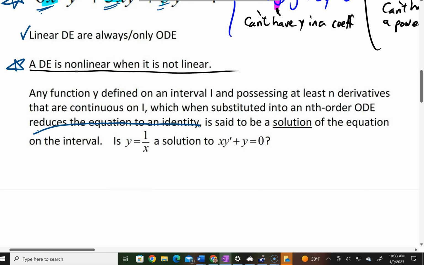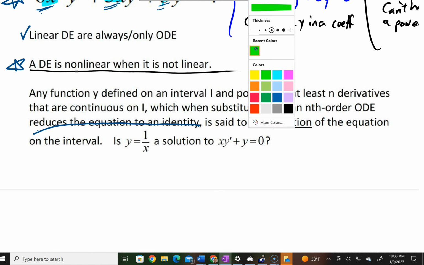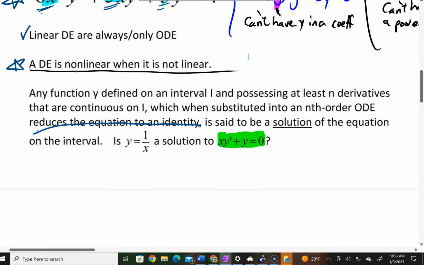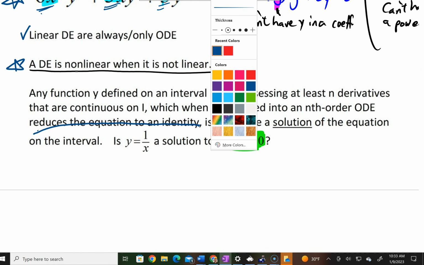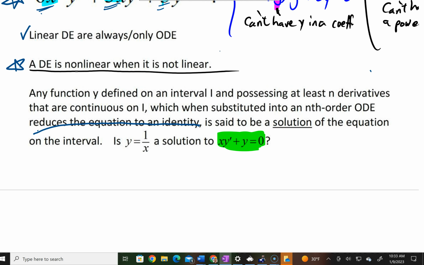So, here is the big question, a wonderful question. Is y equals 1 over x a solution to this differential equation? And I want to point out, we're going to see so many of these. This is your differential equation, clear as day, an equation that involves derivatives of y. So the question is, is that a solution?